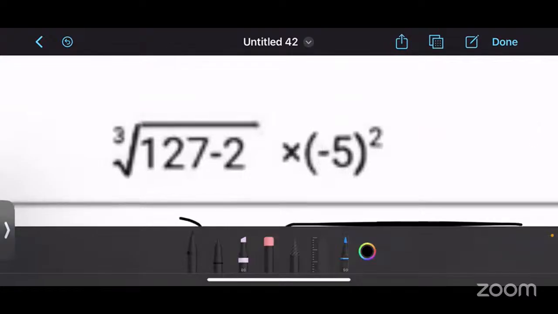Yes, ma'am. So what did you do? Ma'am, I said 127 minus 2 cube times 5 to the power 2. Then I said, what is 5 to the power 2, ma'am? And then it's 25. So I said 127 minus 2 to the power cube times 25.